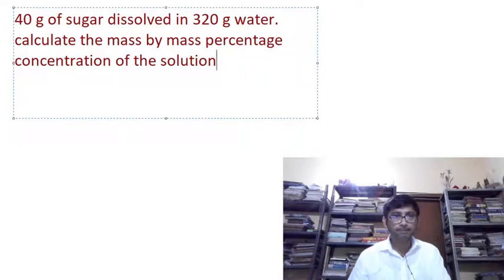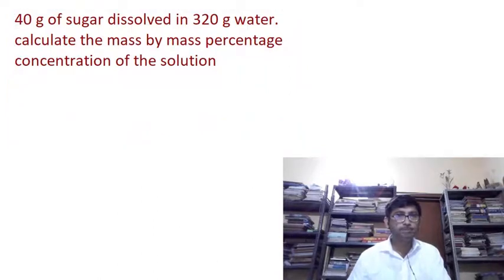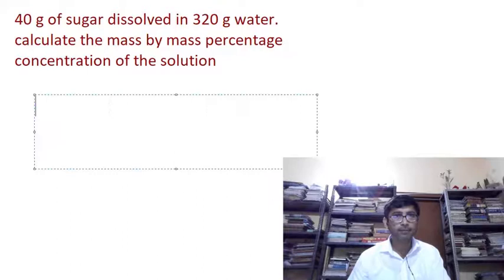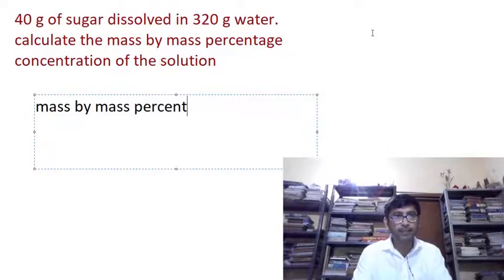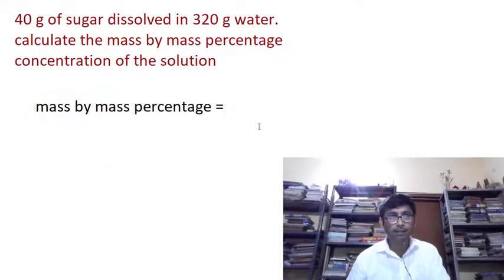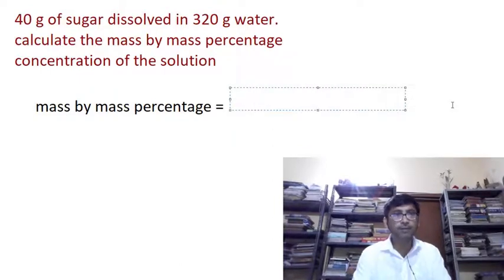So how will we do that? We know that mass by mass percentage is calculated in the following manner. In the numerator we have mass of the solute.